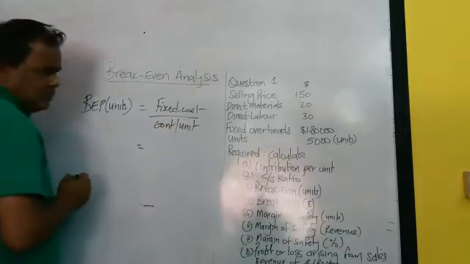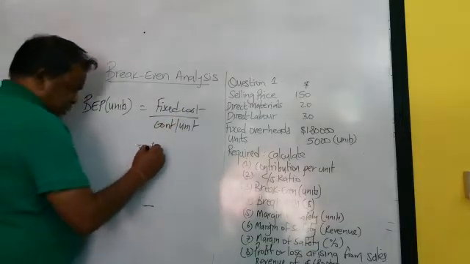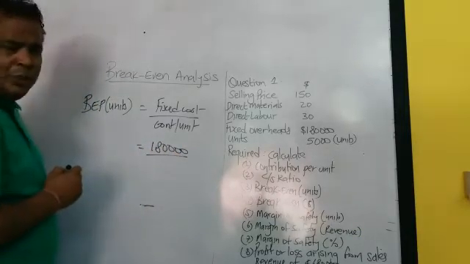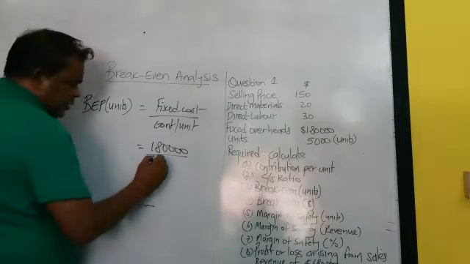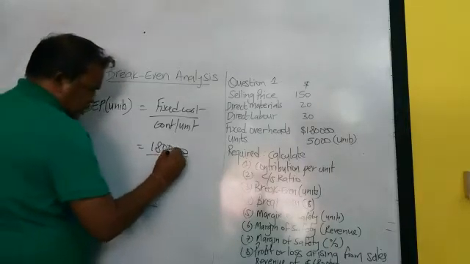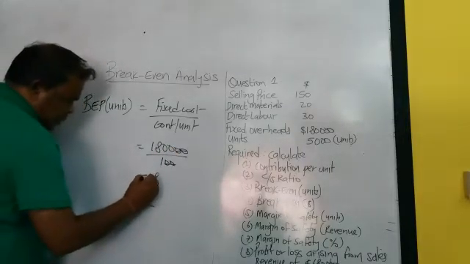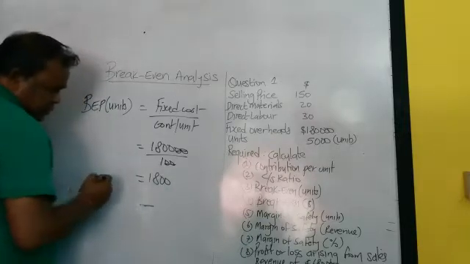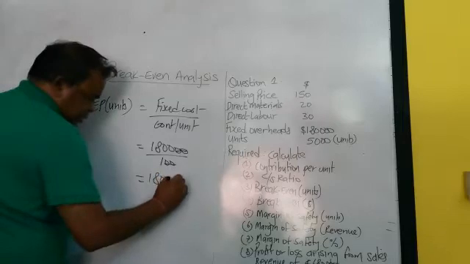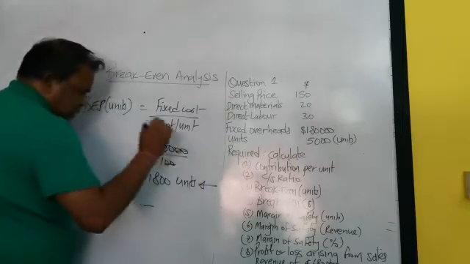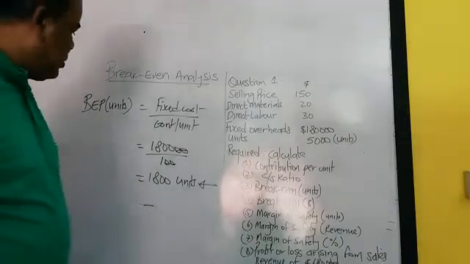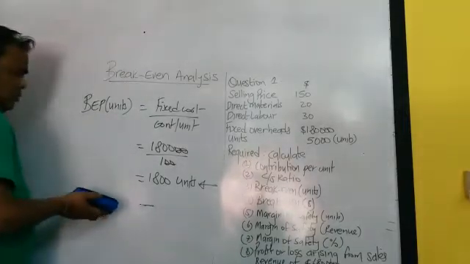Fixed cost is 180,000 over contribution per unit 100. Therefore, we have to sell 1,800 units in order to break even. We have to sell 1800 units in order to cover the cost.